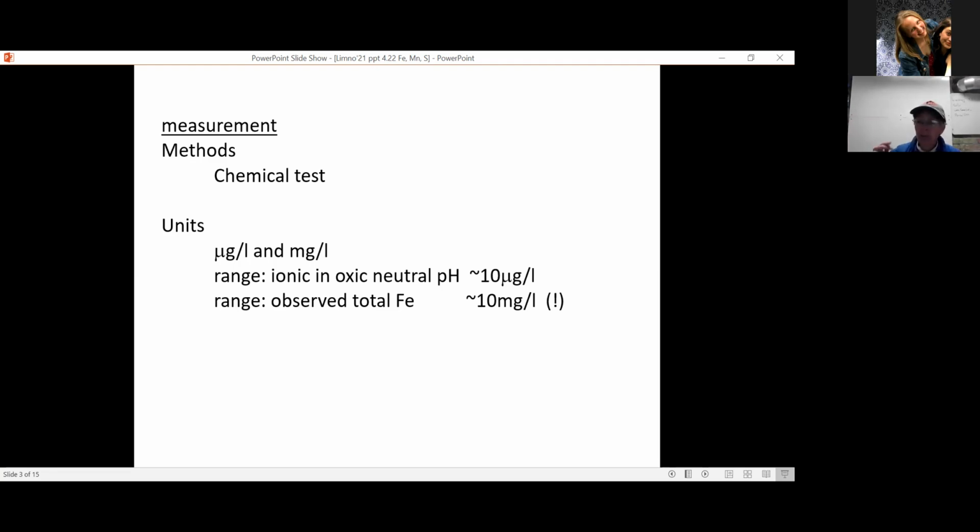But if it's forming a mineral, a chemical precipitate, then it is going to be falling to the bottom. The majority of it will be in the living organisms. So if you go to a lake and you measure the iron ion concentration, it's going to be really, really low. That doesn't mean there isn't a lot of iron in the water. The iron may all be in the organisms.